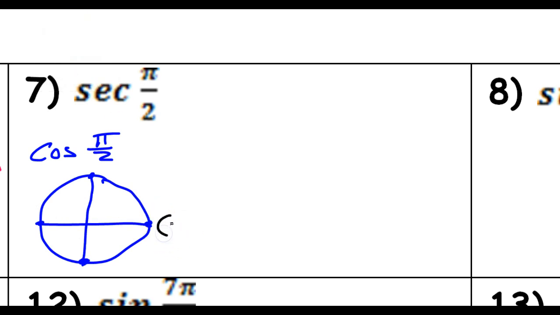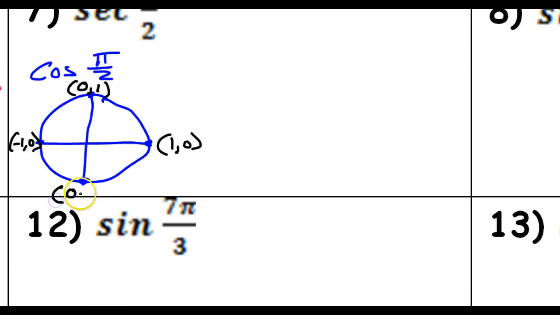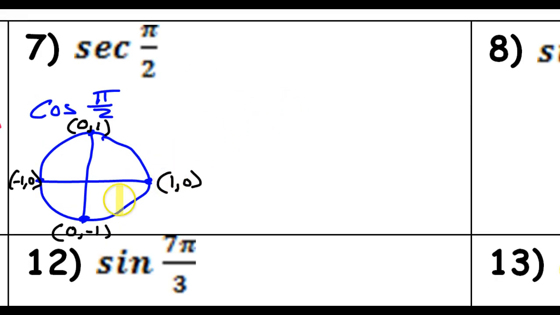This point is 1 comma 0, this is 0 comma 1, and negative 1 comma 0, and 0 comma negative 1. Now the cosine on the unit circle is the x value. So that's the cosine, that's the cosine, that's the cosine. It's all the x values.